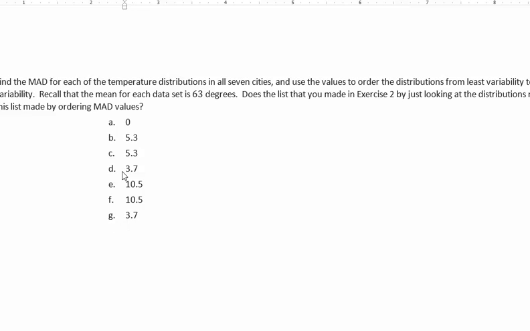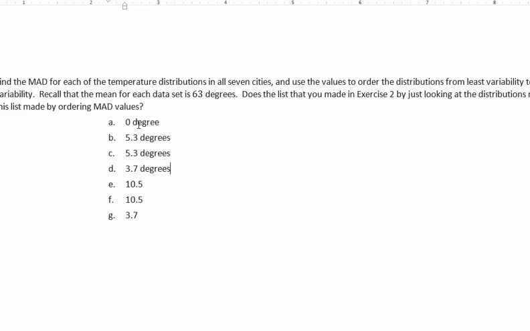All right, now let's look at our data. So we have all of these distributions with MAD. What does it mean? Well, this means that for City A, each data point was 0 degrees away from the mean. In this one, the average distance away was 5.3 degrees. In here, the average distance was 5.3 degrees as well.